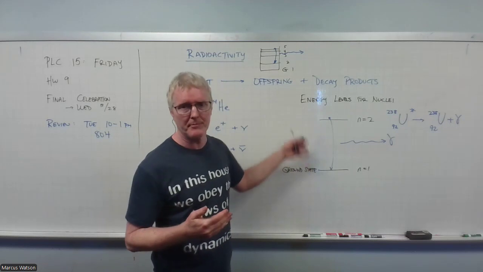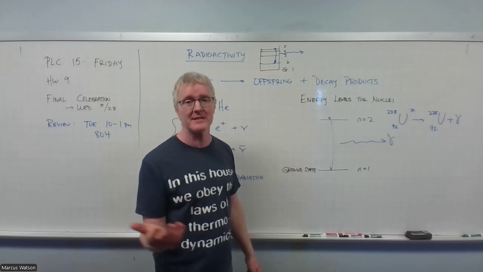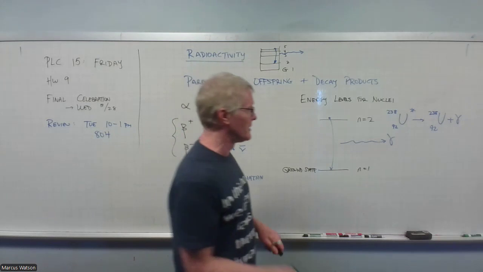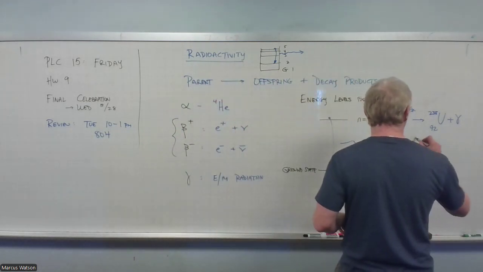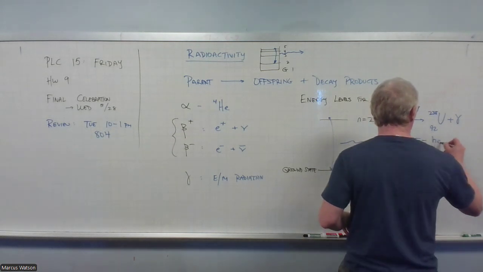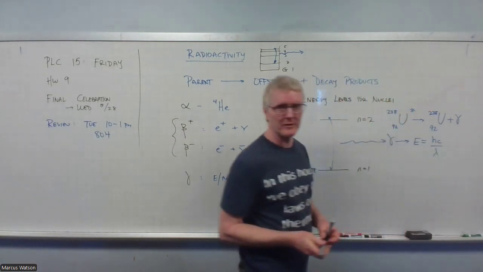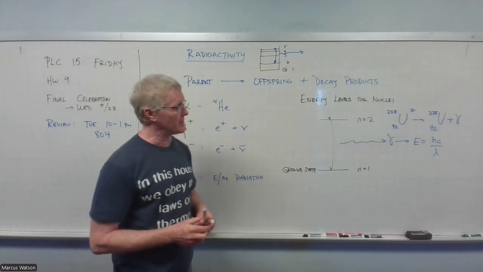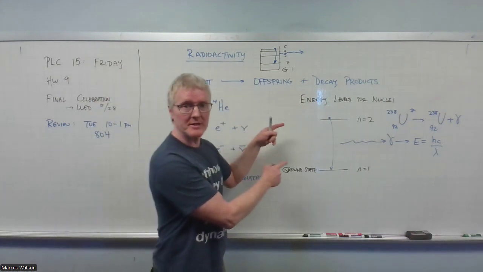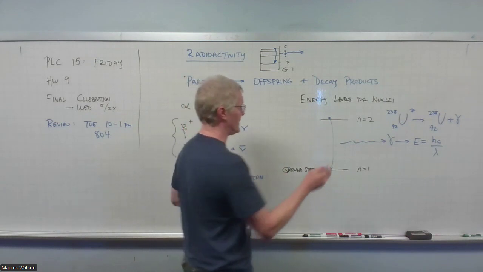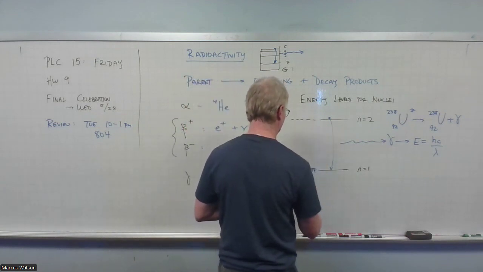This would be possibly thousands or tens of thousands of electron volts. This would still be hc over lambda to find the energy, and that energy of the gamma would still correspond to the energy difference in the levels for the nucleus.